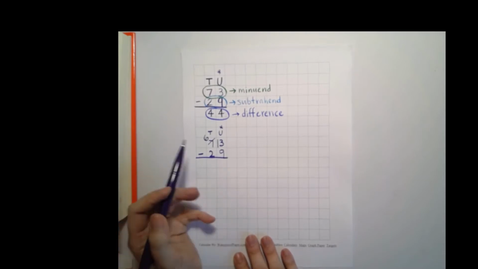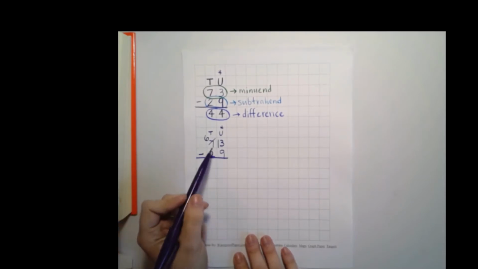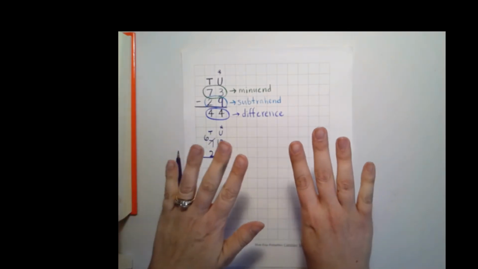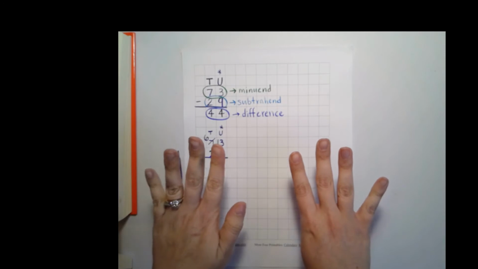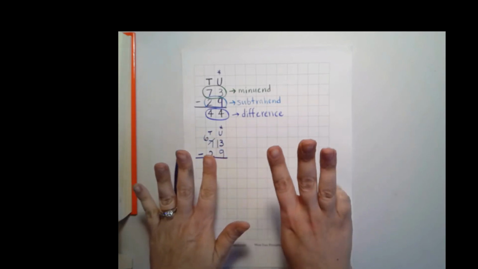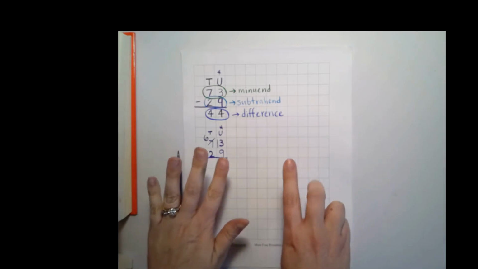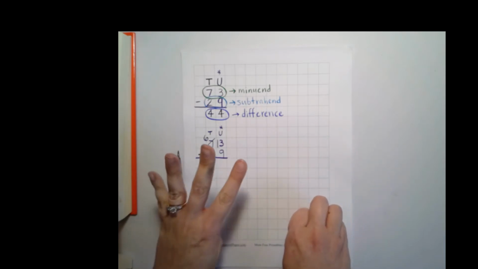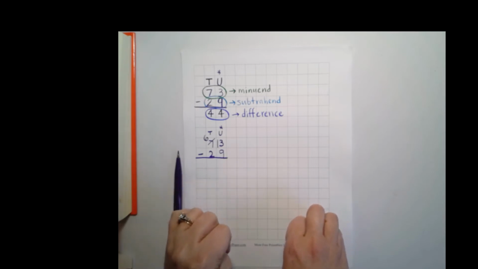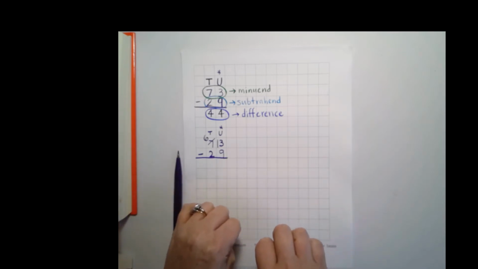So we can either start at 13 and count backwards, count 9 down. So we start at 13, then 12, 11, 10, 9, 8, 7, 6, 5, 4. Gives us an answer of 4.